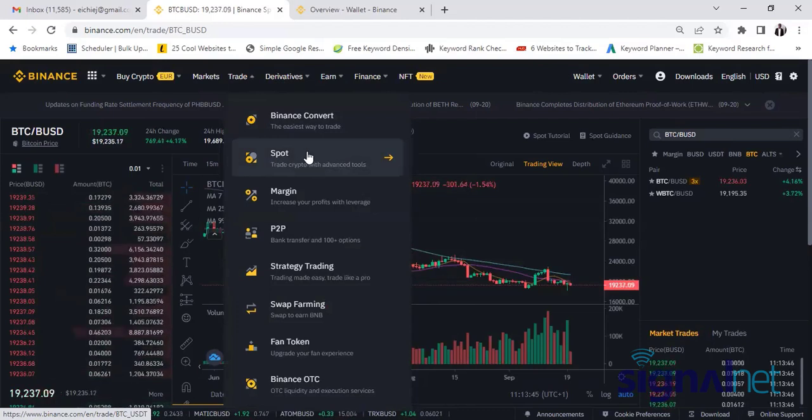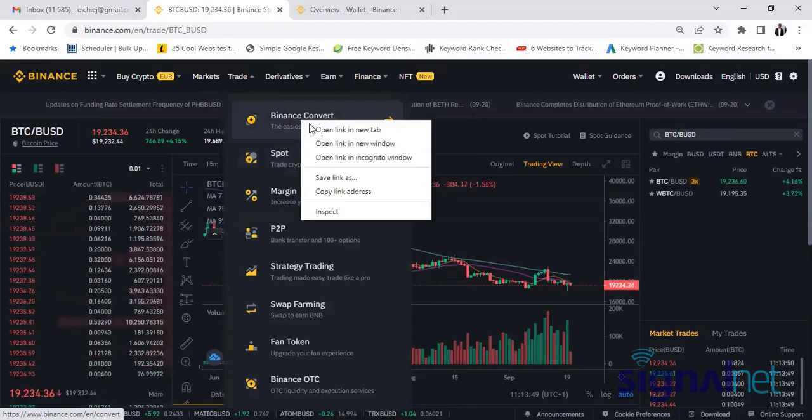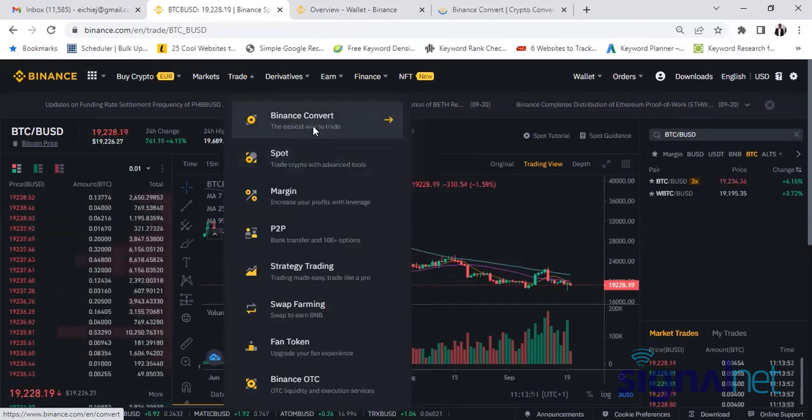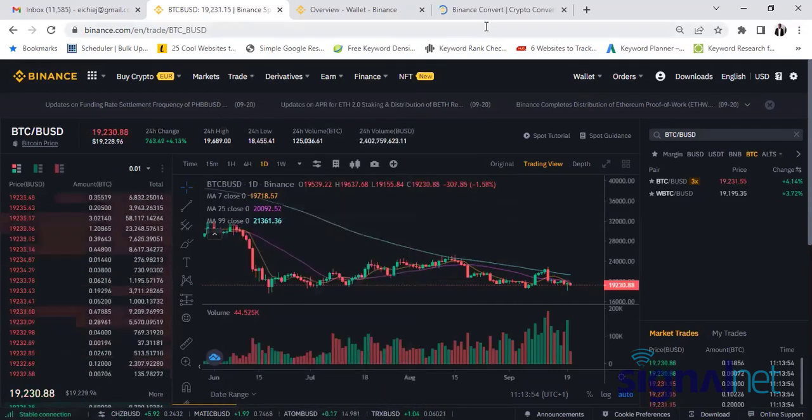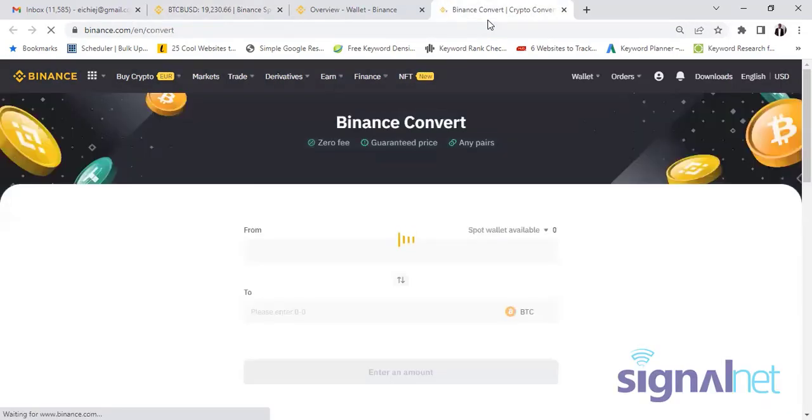Another way to trade is actually through this Binance Convert. Let me open the Binance Convert. In fact, that's the easiest way. The Binance Convert is like you doing a conversion. All you're doing there is just changing from one currency to the other. What does this mean?